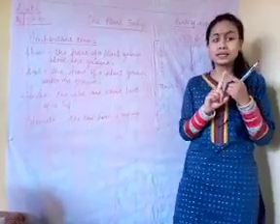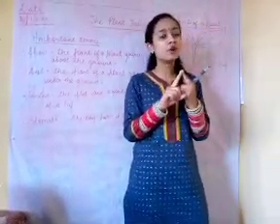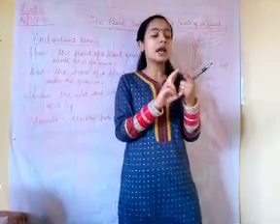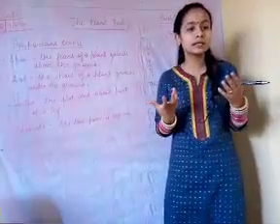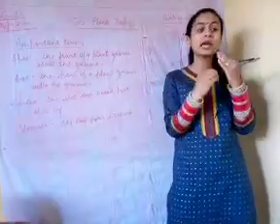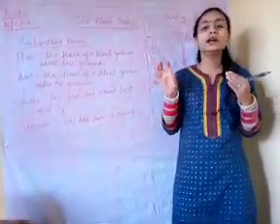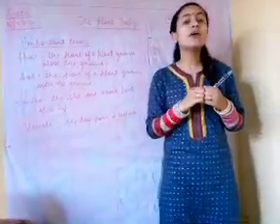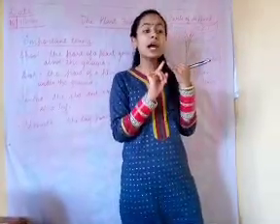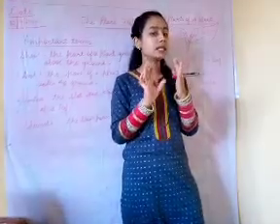The example is mango. Mango contains only one seed. Now tell me, papaya: how many seeds does papaya contain? We don't know the number, but we can identify that there are many seeds in the papaya. Now if I ask you about banana, does banana contain any seeds?